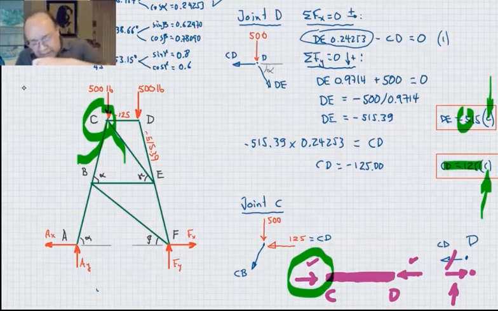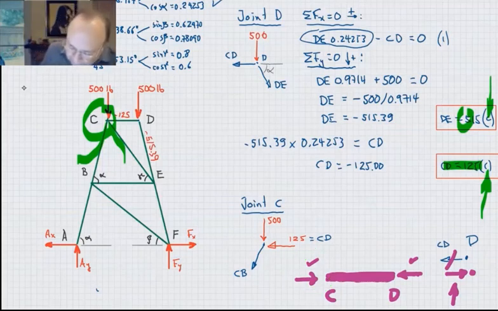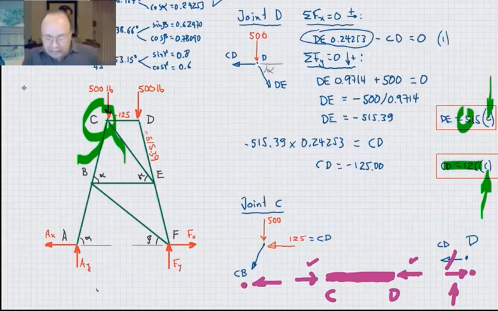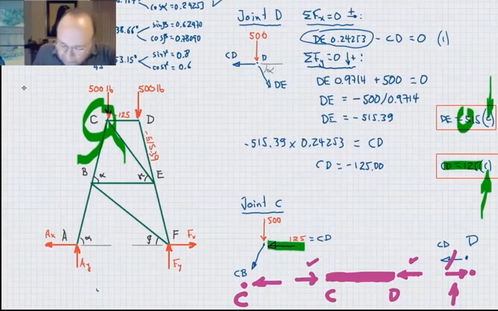Now, the bar CD on the joint C is going to make a force equal, but in the opposite direction. So I have another force here. This is the force that the bar CD makes over the joint C. This is the joint C. See? So that's why I am drawing this force here in this direction.